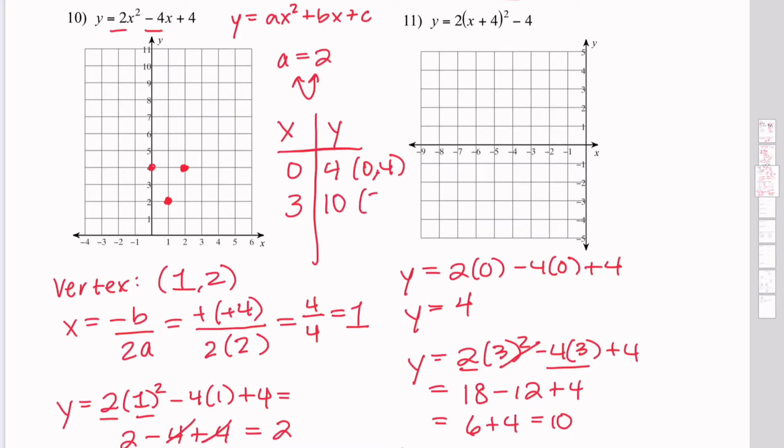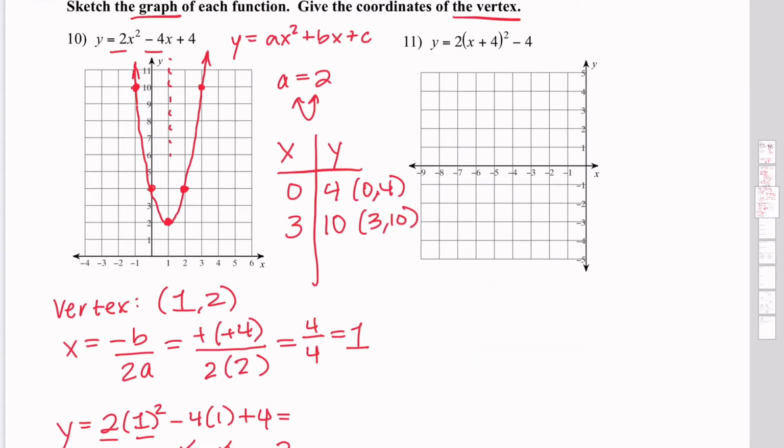So this coordinate is at 3, 10, which is right here. And again, since parabolas are symmetrical, and here is our axis of symmetry, let's add one more dot to the left 2 spaces. And then we can connect the dots that we created. Try to make it look like a U shape since that's how a parabola looks like. And that's how we can graph question 10.